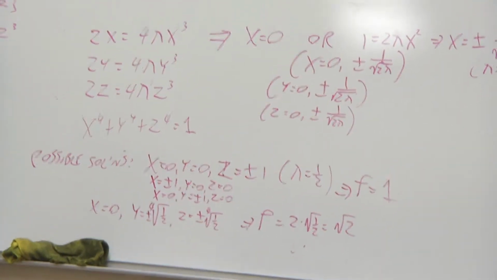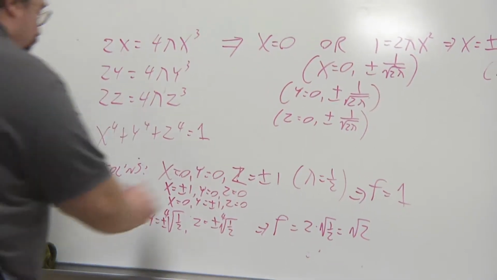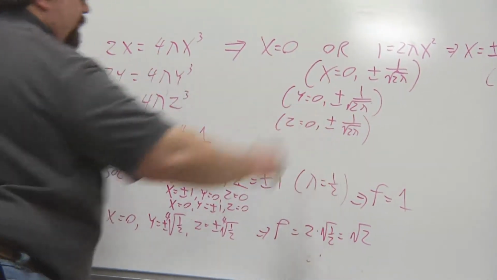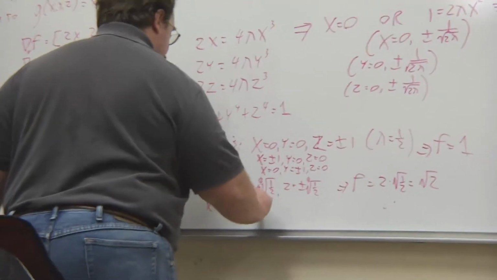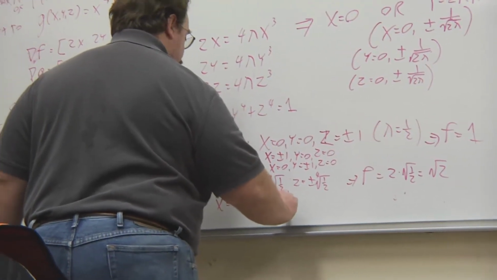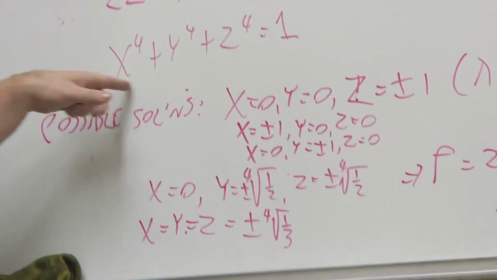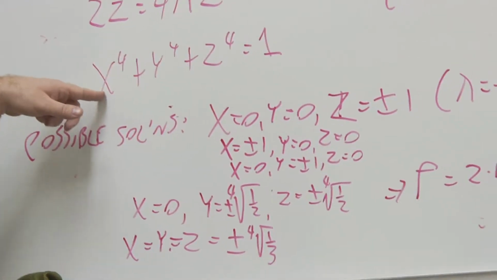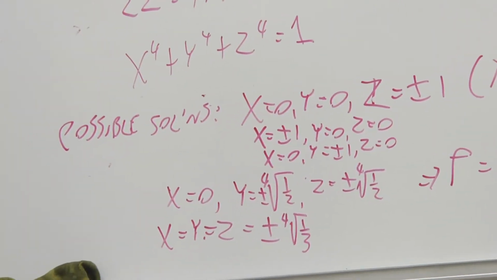And then the last possibility is none of these are 0. Well, in that case, x, y, and z are equal to plus or minus the fourth root of 1/3. So I raise these to a fourth power, I must get 1/3. So that'll satisfy the constraints.